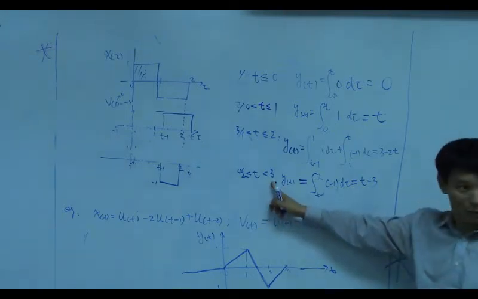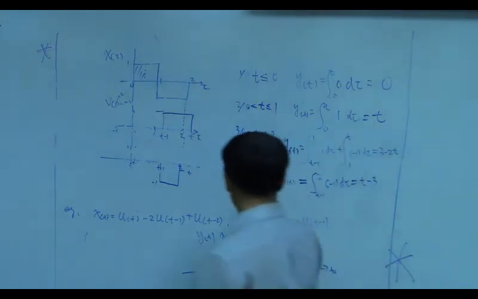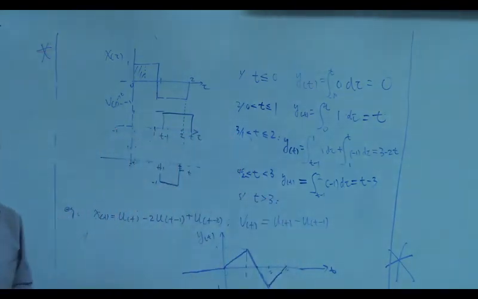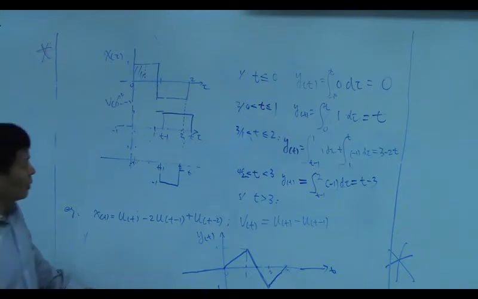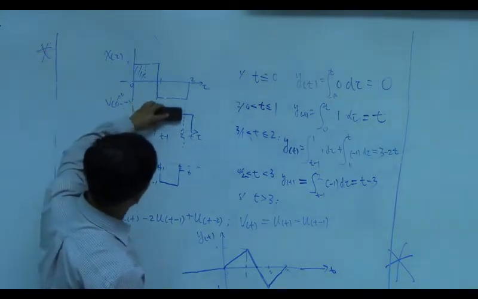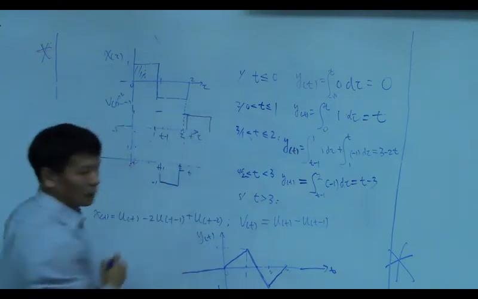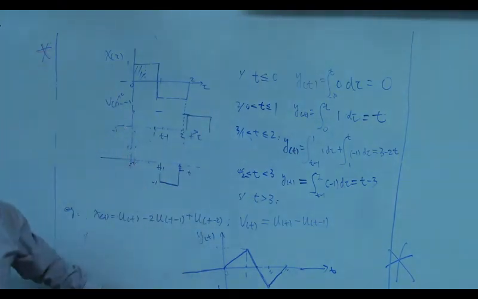We can still have this part, right? Okay, the next one is how about t greater than 3? T greater than 3, that means your window will be somewhere here, right? So can you tell me what the output is?